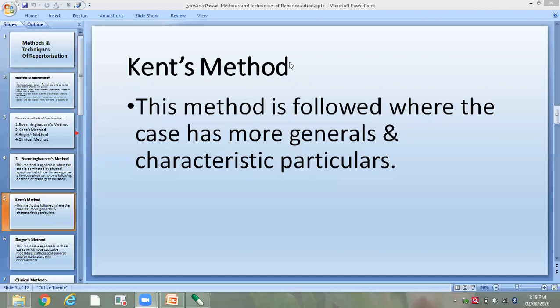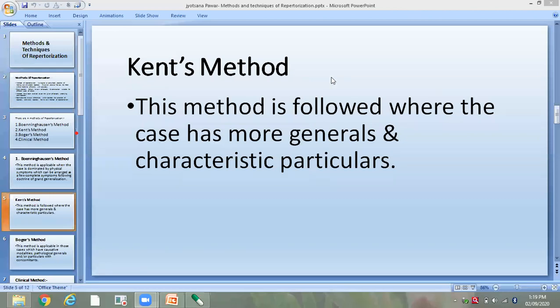Very good. These are also called physical general symptoms. When the person uses I instead of the word my, it indicates a general symptom.